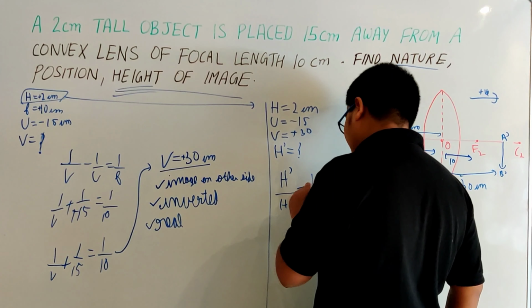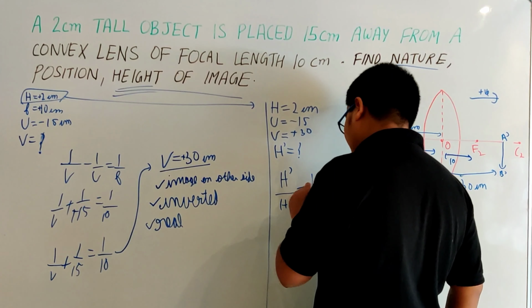So basically the value of h dash comes out to be minus 4. Now this means minus 4 centimeters.